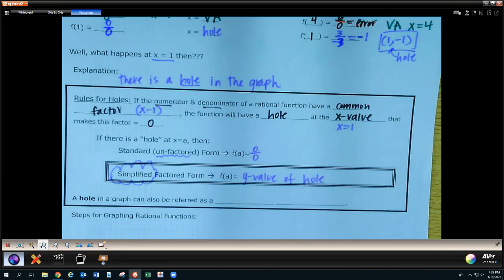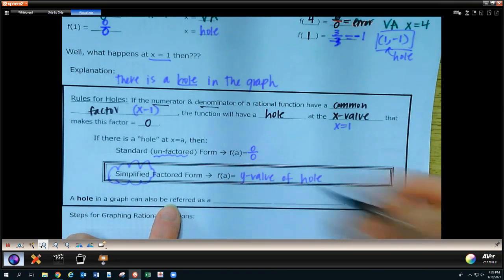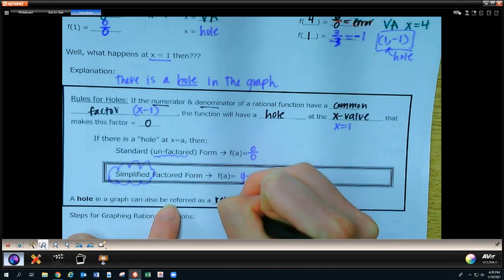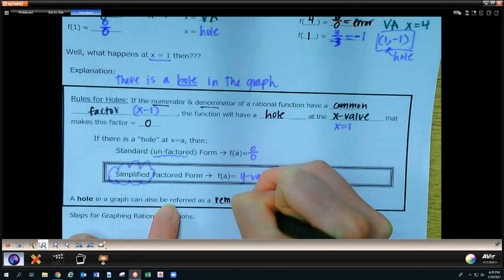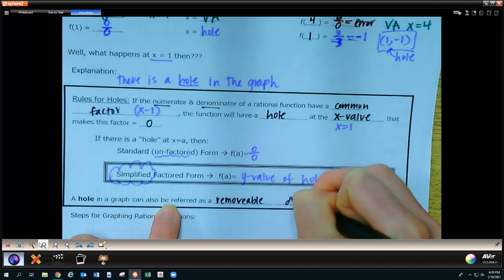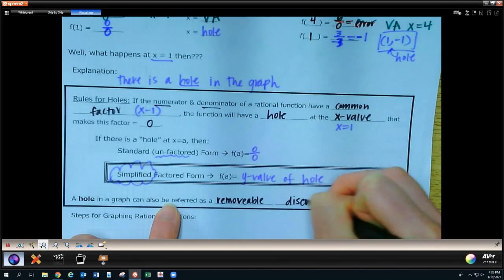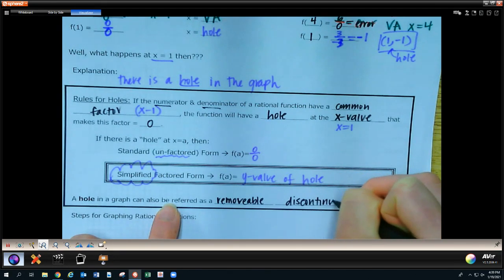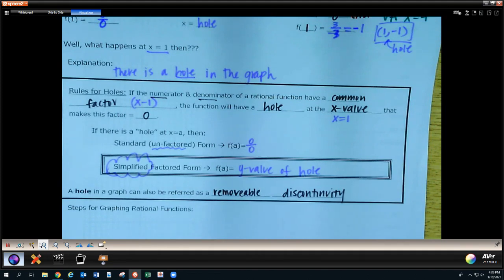Okay, a hole in the graph is also referred to as a removable discontinuity. So a vertical asymptote is also a discontinuity. It interrupts your graph.